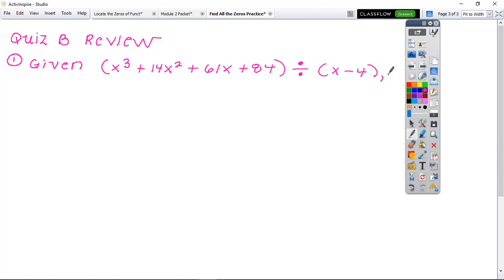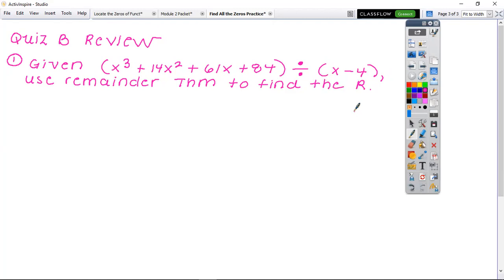And this first one is going to say use the remainder theorem. So use the remainder theorem. Abbreviate. To find the remainder.